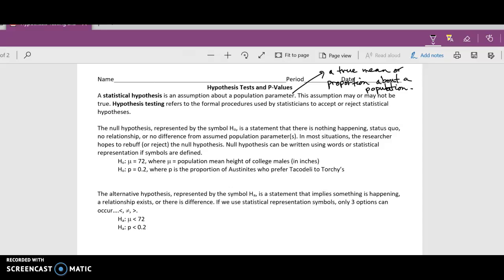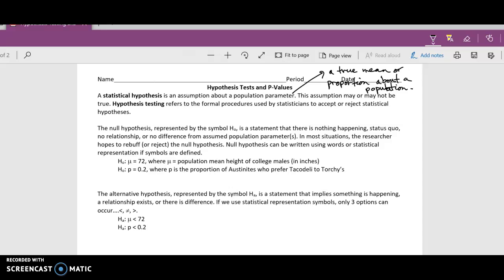Statistical hypotheses. The null hypothesis, represented by the symbol H naught, that little zero subscript, is a statement that there is nothing happening, status quo, no relationship or no distance from assumed population parameter or parameters. In most situations, the researcher hopes to rebuff, which means reject, the null hypothesis.